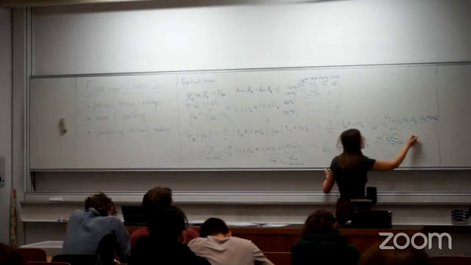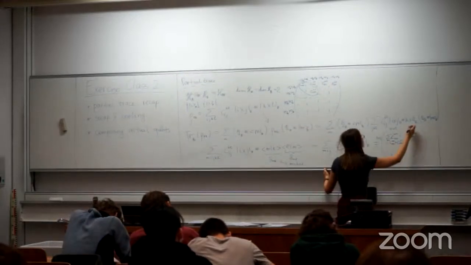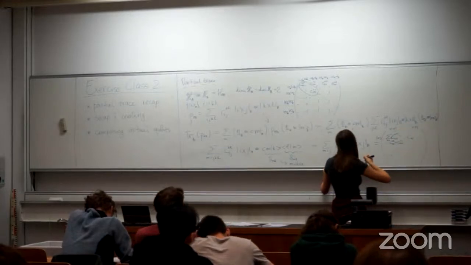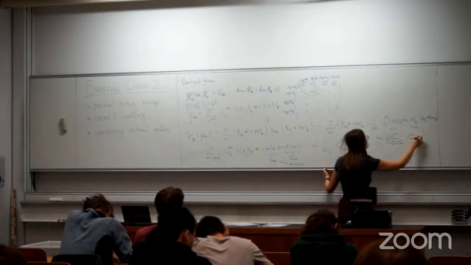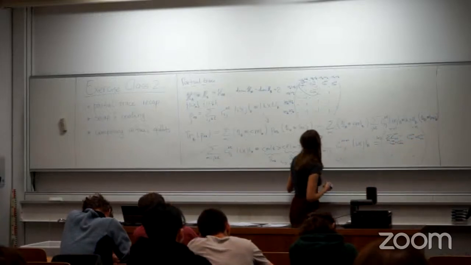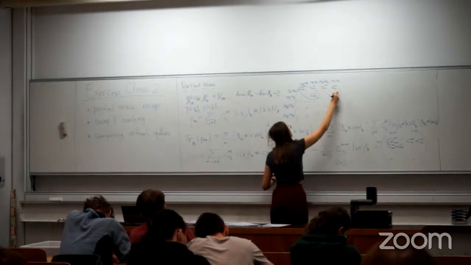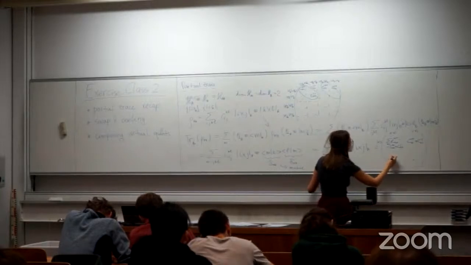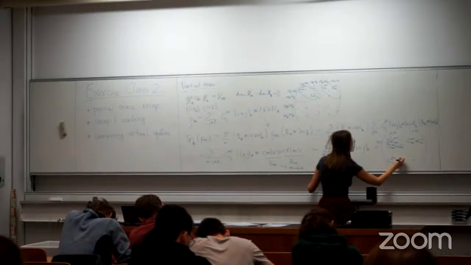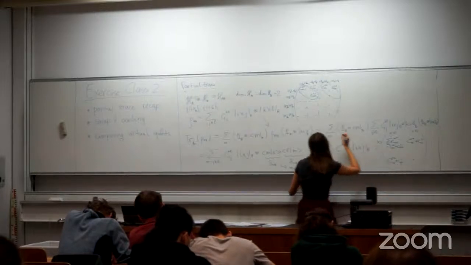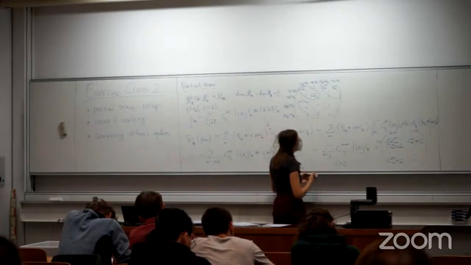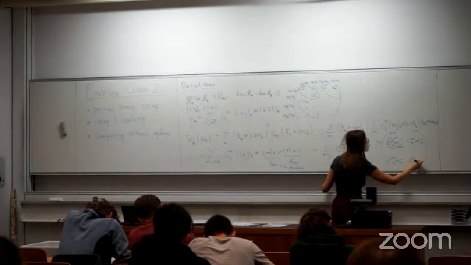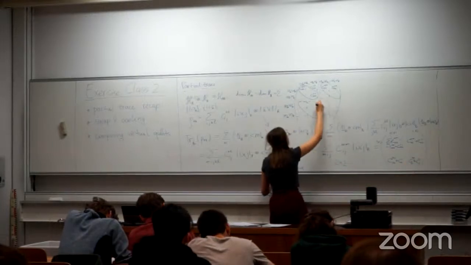Analogously here, for example, we get C_0010 plus C_0111, which is the sum of these two terms. Then here we would get C_1000 plus C_1101, the sum of these two terms, and C_1010 plus C_1111, the sum of these two terms.